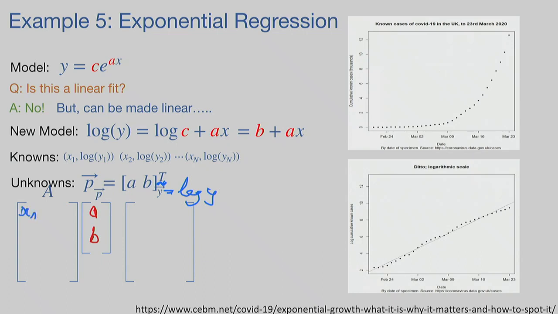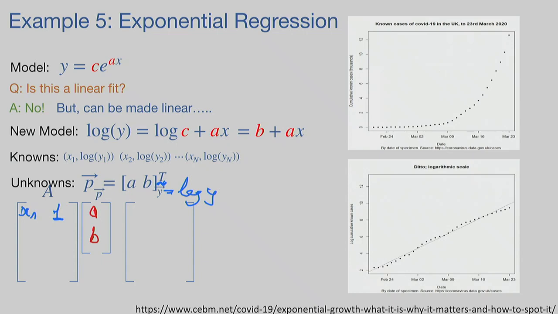And then plus b. That means that the second column needs to be 1. So the first equation that I have is x1 times a plus b. Okay, that's the first equation.